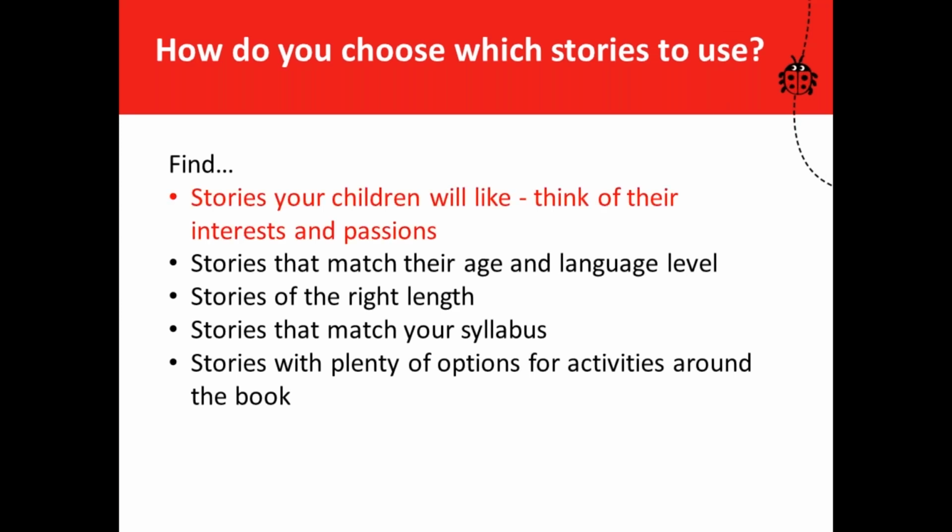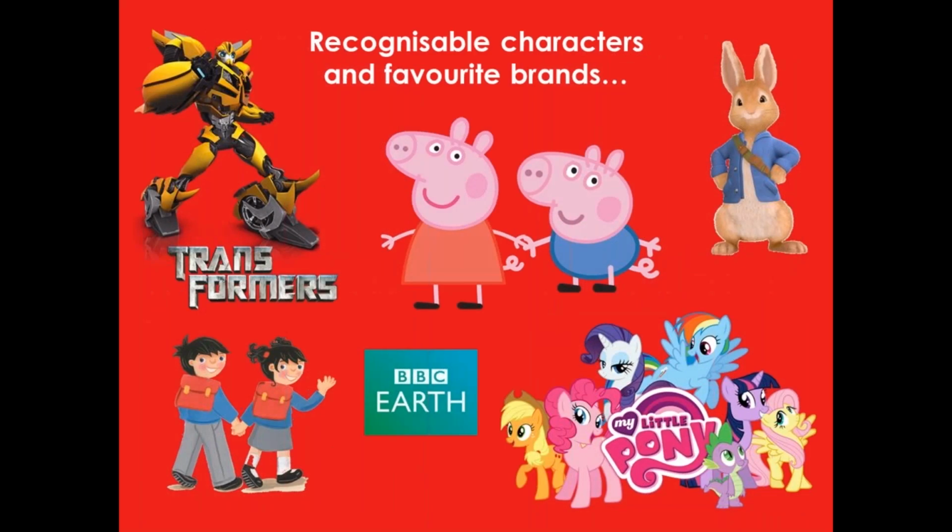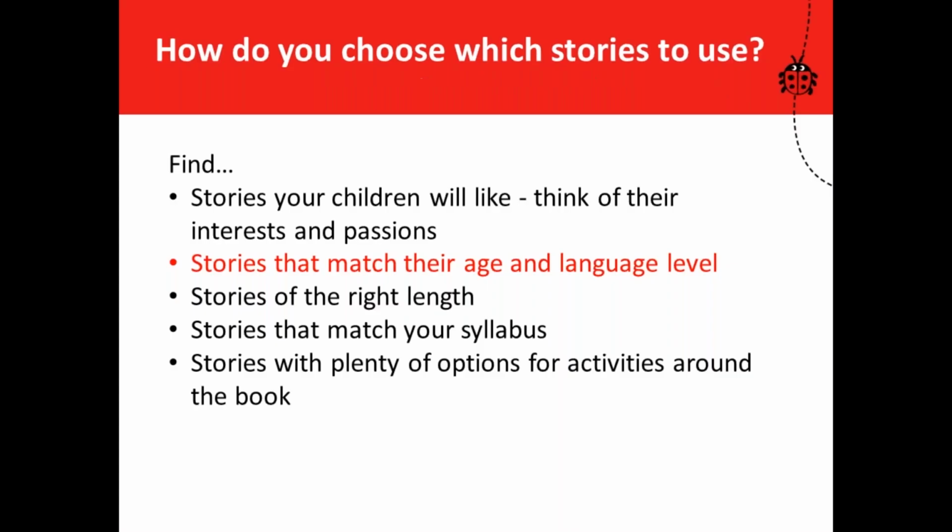If you think about stories that children will like and interests and passions, it's a good idea to find a series that has a blend of titles. So anything that includes both original stories, possibly fairy tales that children might be familiar with, classic stories, and non-fiction. But then also what we have in Ladybird Readers, and what other ranges do, are all of the incredible brands, things that children will really love and would like to learn to read with.